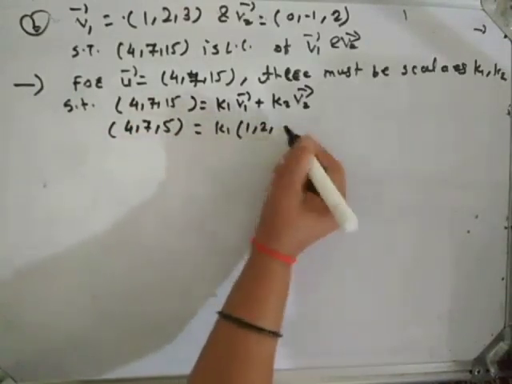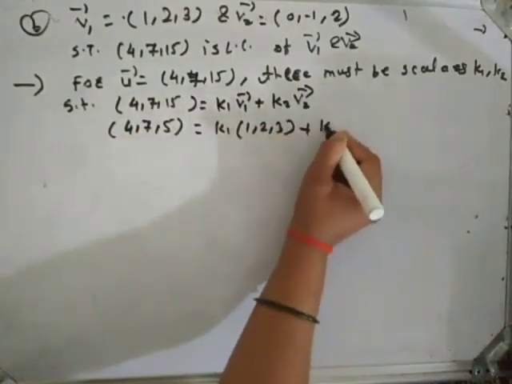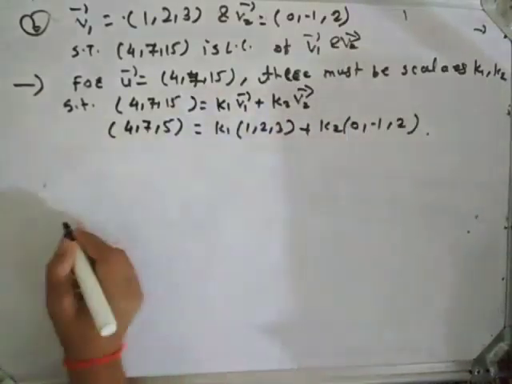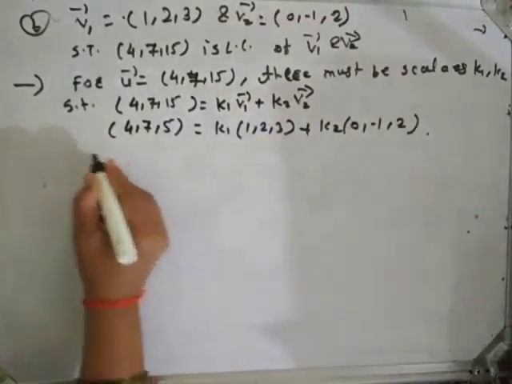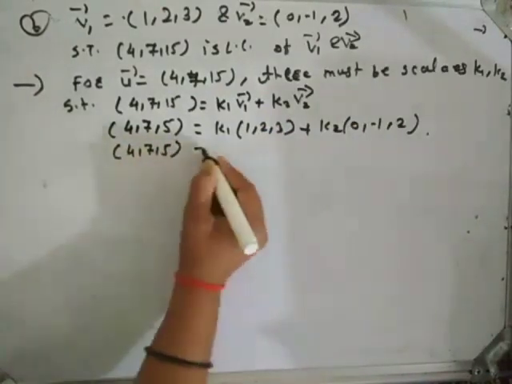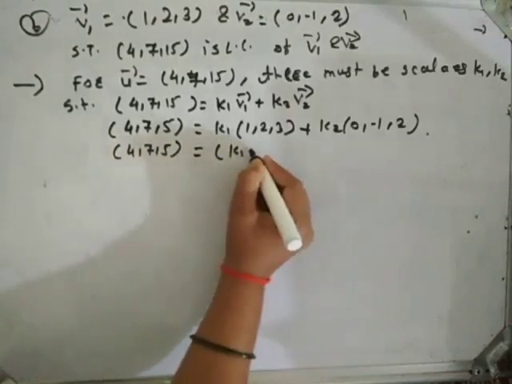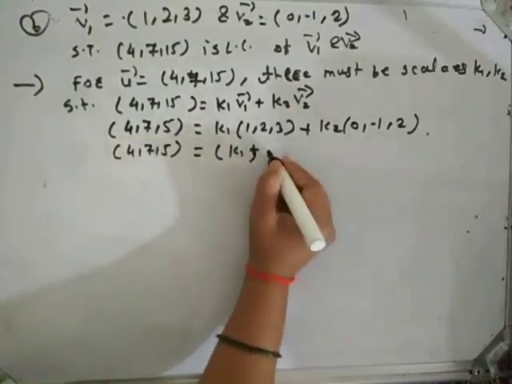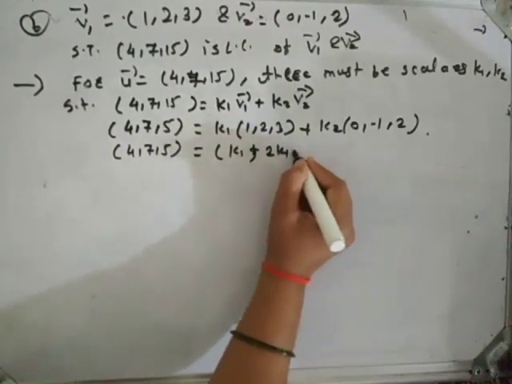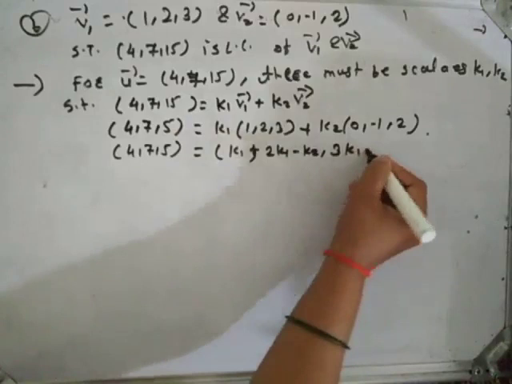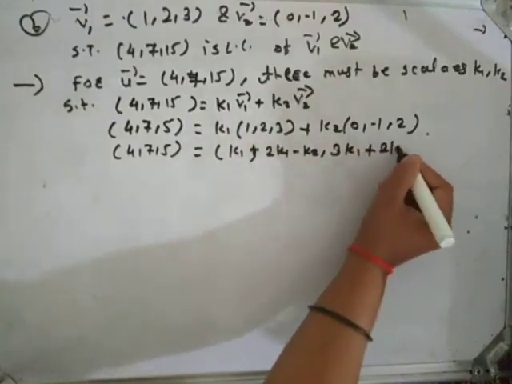So this is the vector (4, 7, 15) is equal to k1 into v1, which is nothing but the vector (1, 2, 3), plus k2 into (0, -1, 2). Okay. So this implies (4, 7, 15) is equal to (k1, 2k1 minus k2, 3k1 plus 2k2).